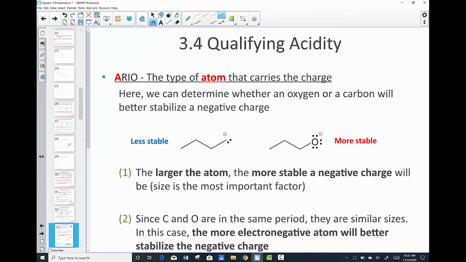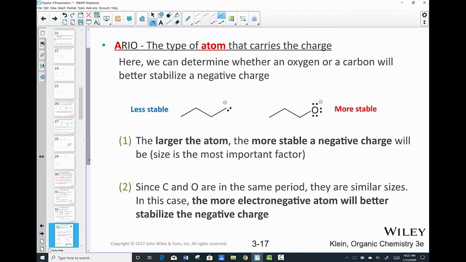And so really we have 2 periodic trends to consider. When we want to determine whether oxygen or carbon will be a better atom at stabilization, ask yourself 2 questions, and it depends on if the periodic trend is in the same row or in the same column.